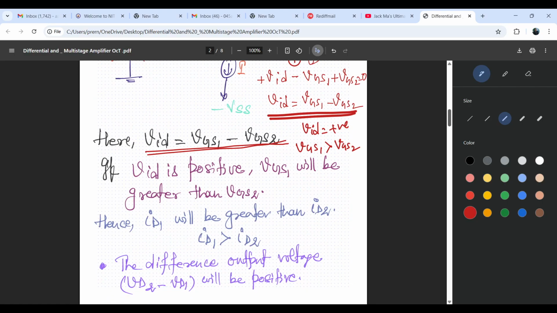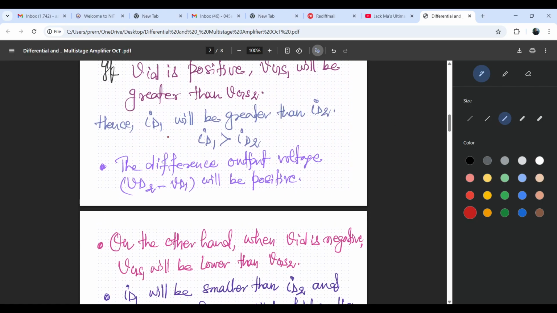That is the statement we have written here, and all this is from the Microelectronic Circuits book by Sedra Smith. So is it clear? ID1 is greater than ID2 because the gate to source voltage VGS1 is greater than VGS2 for VID positive, because VID equals VGS1 minus VGS2.